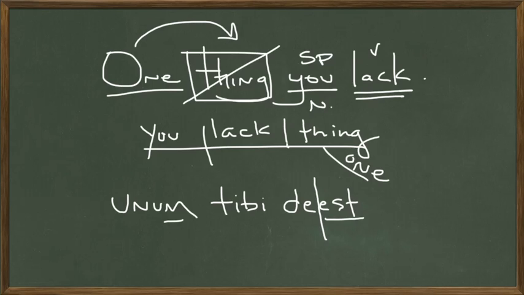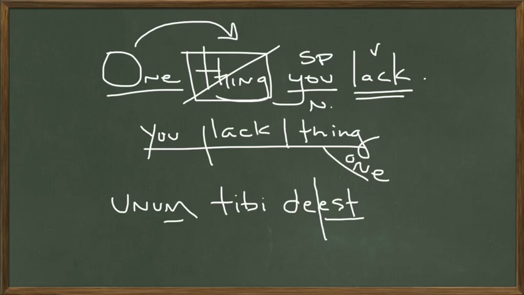Sum, es, est, sumus, estis, sunt. Est is a form of sum. Deest is a compound form of sum, and it literally means to be without, or it is without. And in this sentence we're saying you lack one thing.